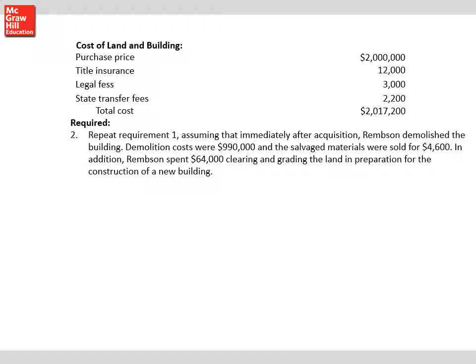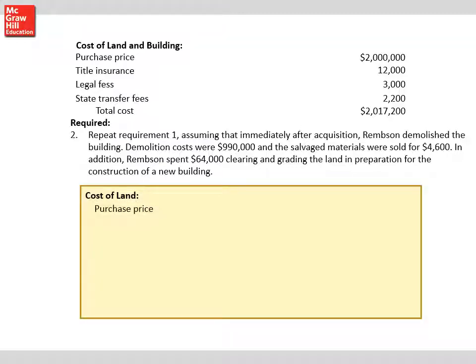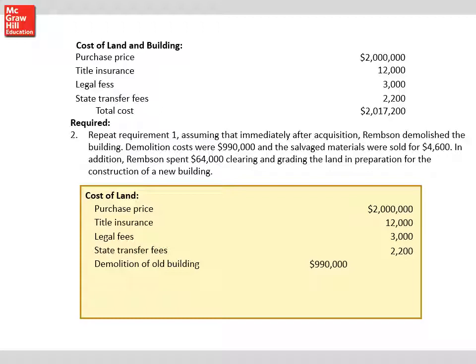Well, now our costs will change. The cost of land will be the purchase price, $2 million, title insurance, legal fees, and the state transfer fees.